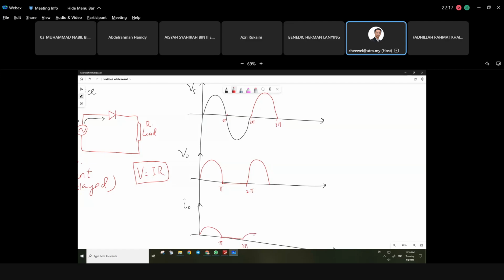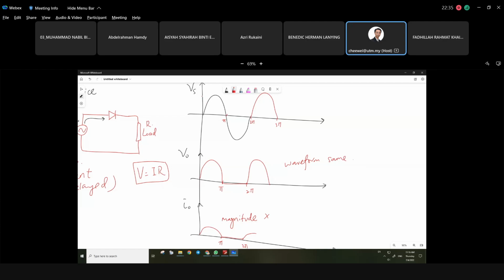Only the magnitude is not the same, but the waveform is always the same. So that is the case for R load.